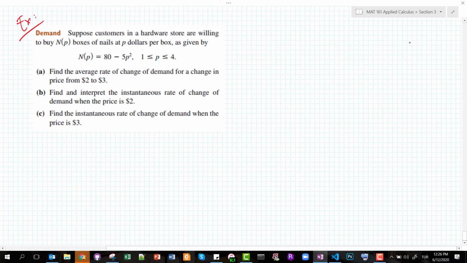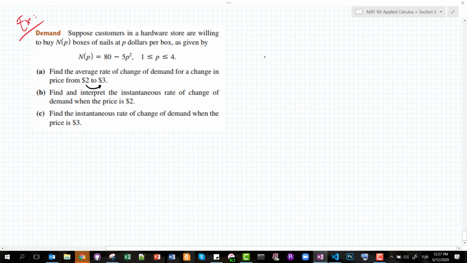Suppose you have a hardware store and you sell boxes of nails at $P per box, and you want to understand the demand if you change the box cost to the customers. So I'd like to find the average rate of change if I increase the price from $2 to $3.